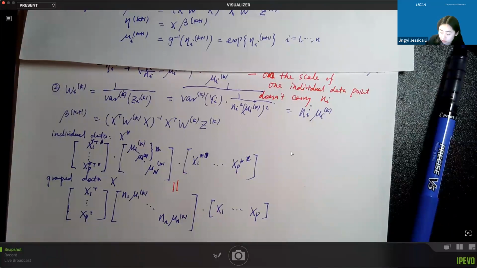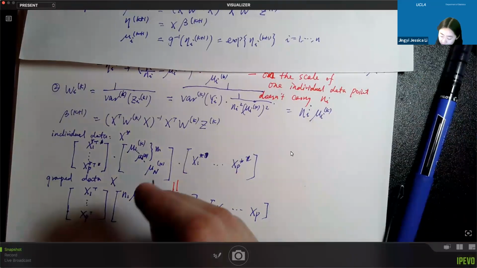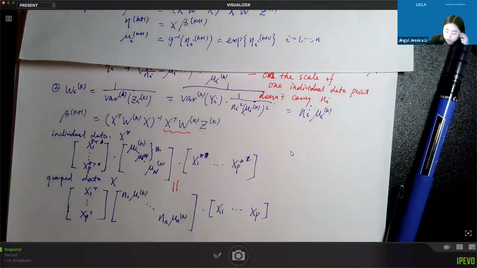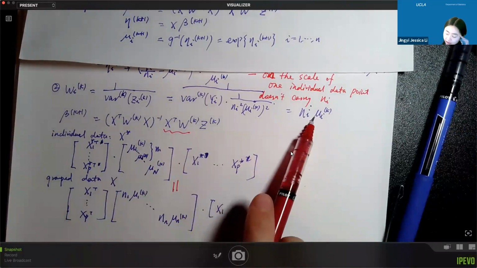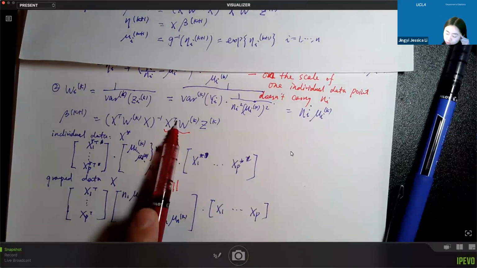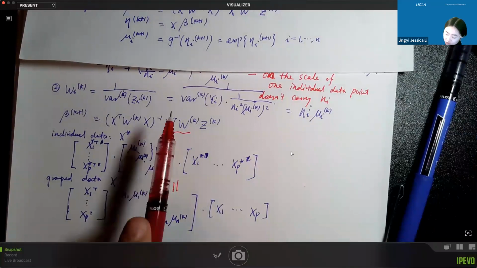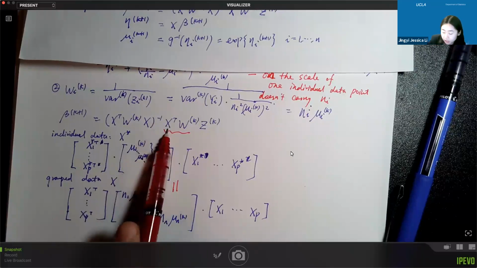And furthermore, for the second term, you see by adding ni to the weight matrix, I'm basically giving each entry here, each column here in the X transpose, which corresponds to one observation in the group data, the weight ni.